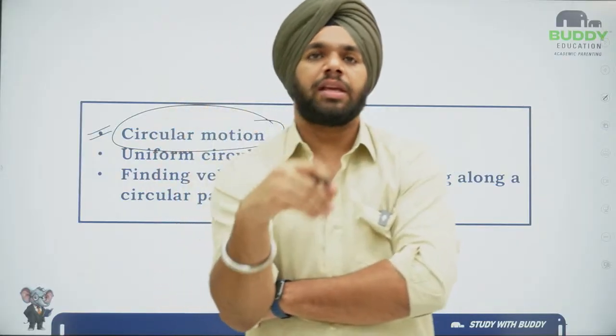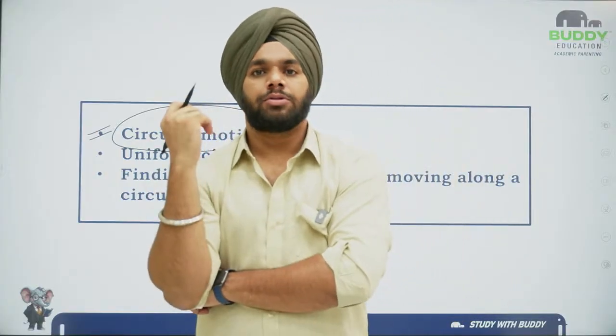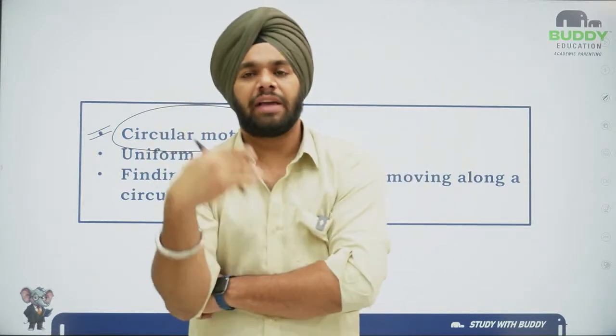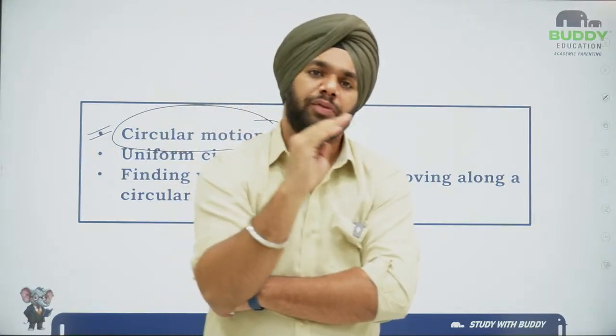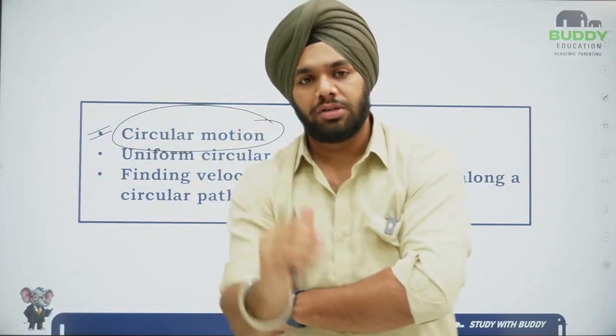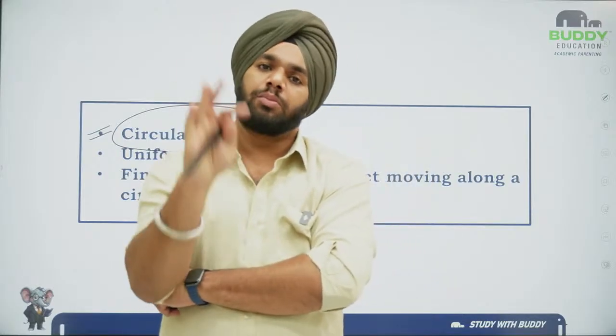Now you must be thinking, why uniform speed, why not uniform velocity? Let me just start with the topic and then you will get to know why we are not saying that the particle is moving with a uniform velocity, and why we are only saying that it is moving with a uniform speed, right? Just because the particle is moving with uniform speed, we call it uniform circular motion.